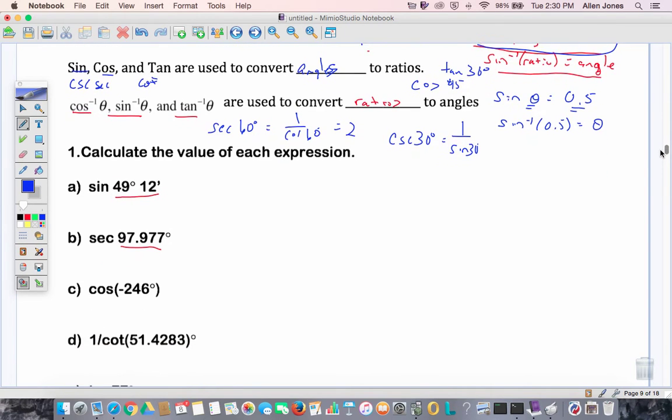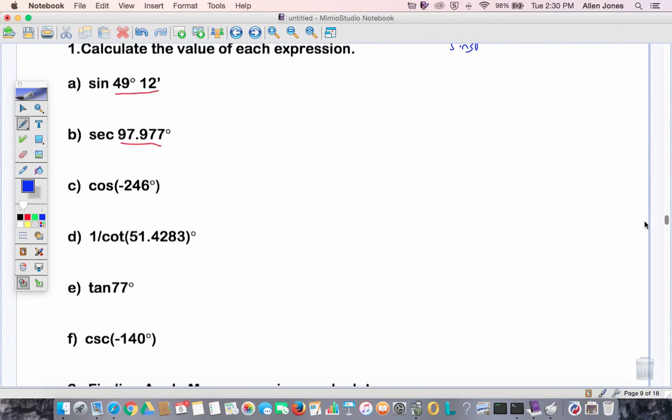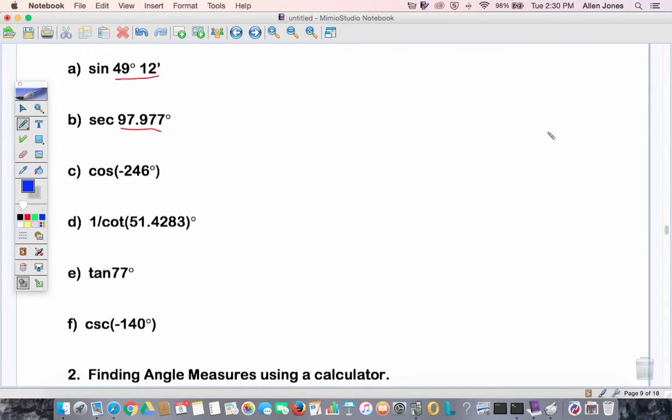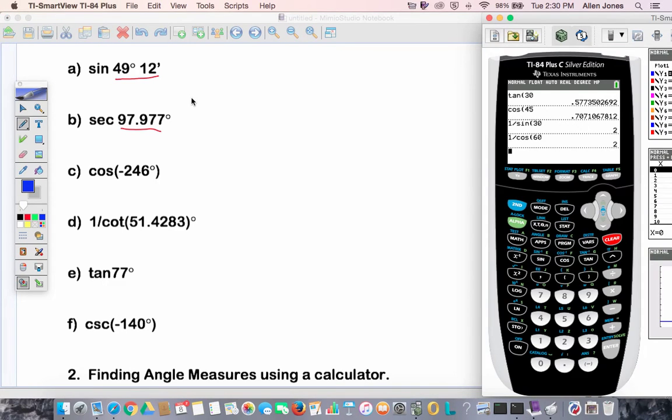We're just going to zip through this handful of expressions down here and find the decimal value that goes with those. So you can see letter A says the sine of 49 degrees and 12 minutes. A couple different ways to type this in. I'm going to go this route, 49 plus 12 divided by 60.